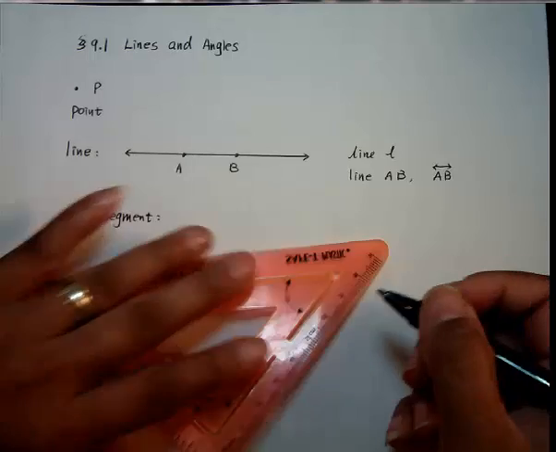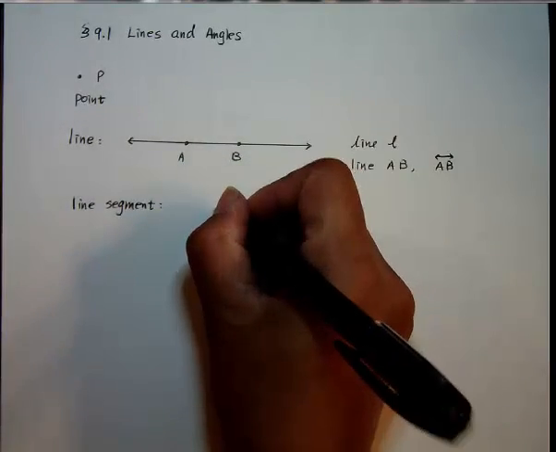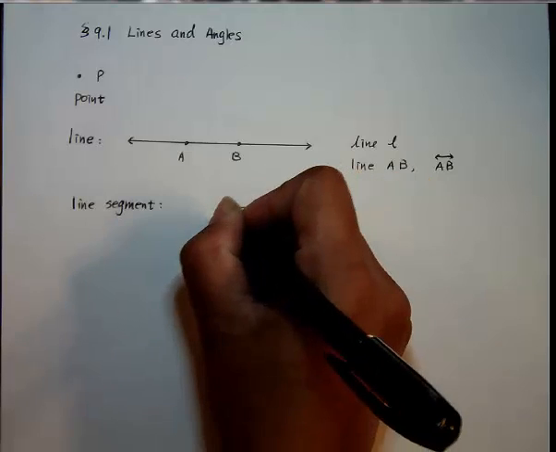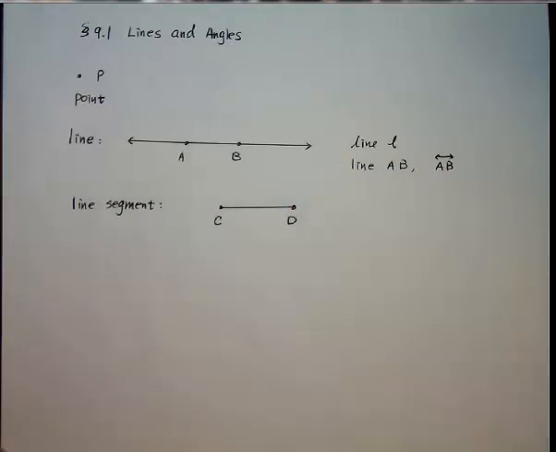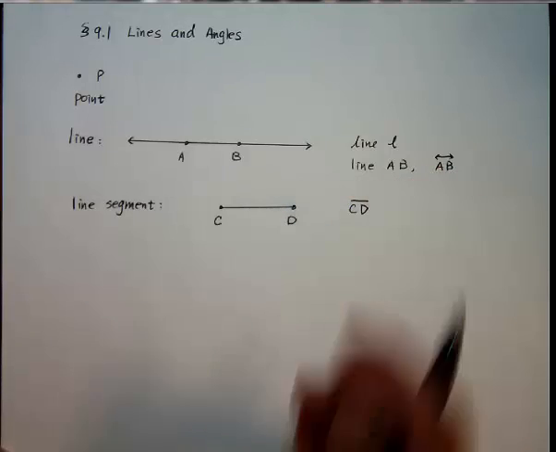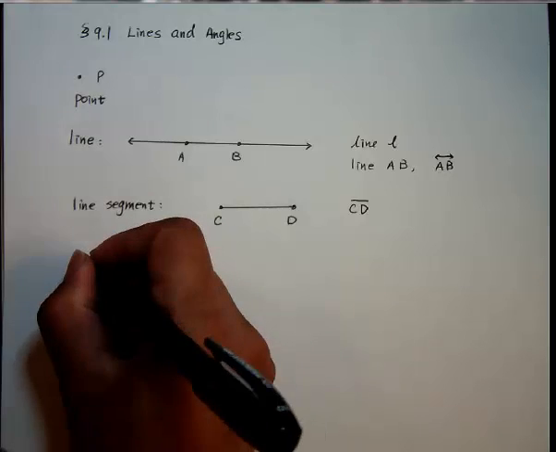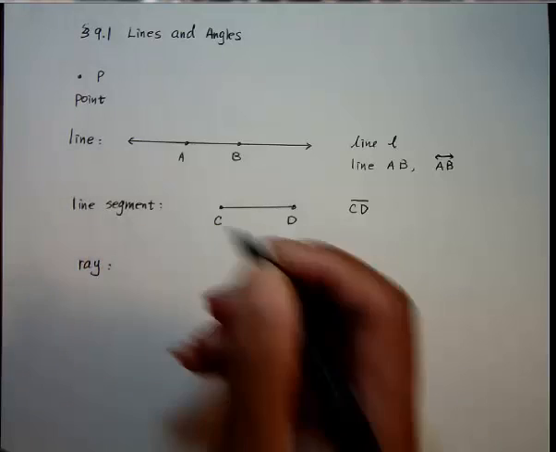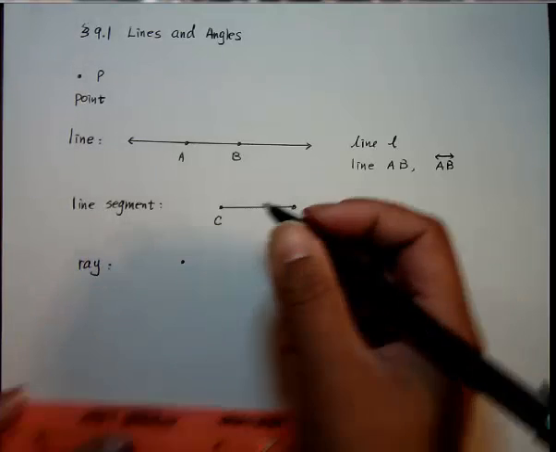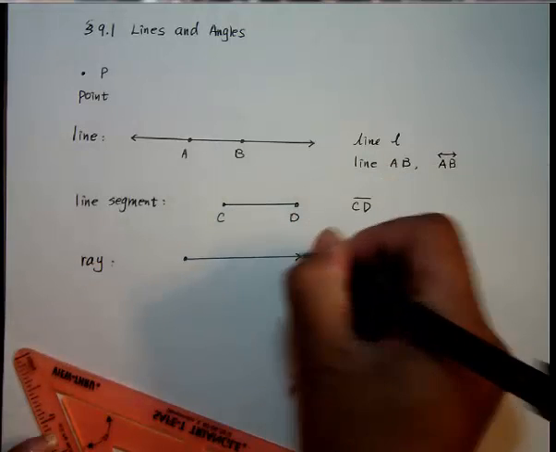For instance, I have a line segment with two endpoints, let's say C and D. So this is line segment CD, which we can measure to see how long it is. And a ray is just like the sun: you have the sun as the endpoint, and the ray goes in one direction infinitely.